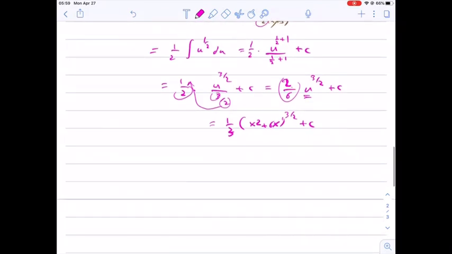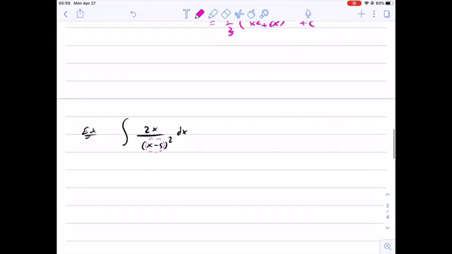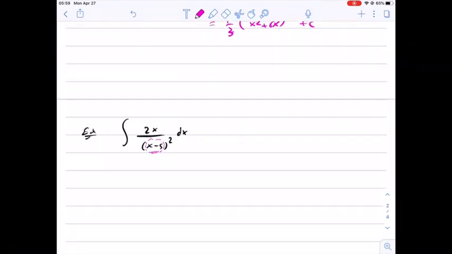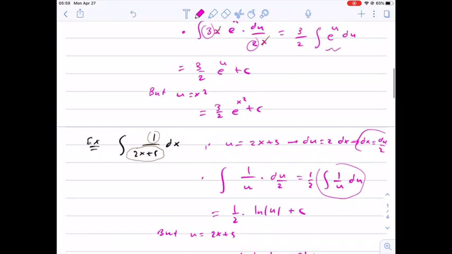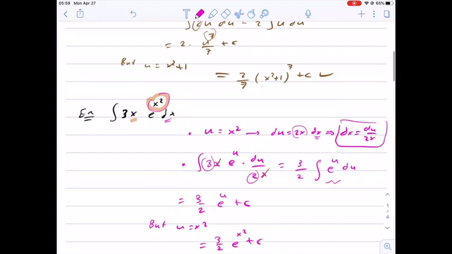Another example. The integral of 2x over x minus 5 squared dx. The function is this expression inside the parentheses. As you can see, the function for which the substitution will be used is the function that's either inside the parentheses raised to some power, or inside a square root, or a power.